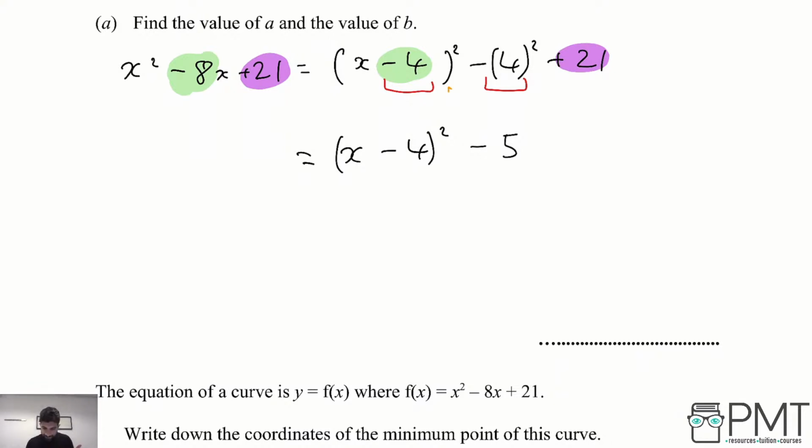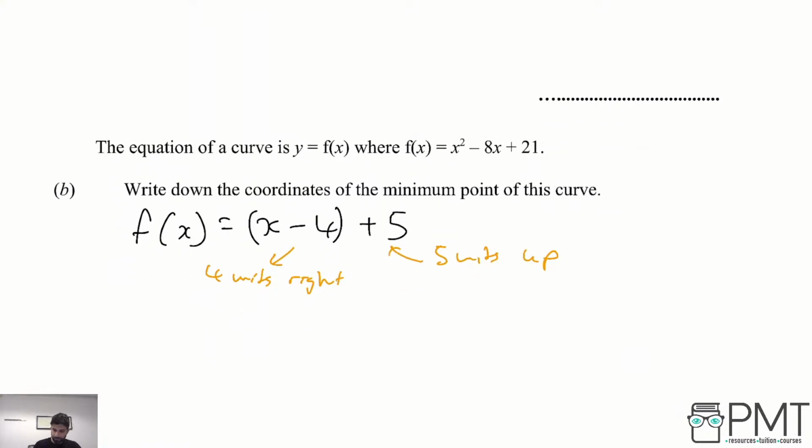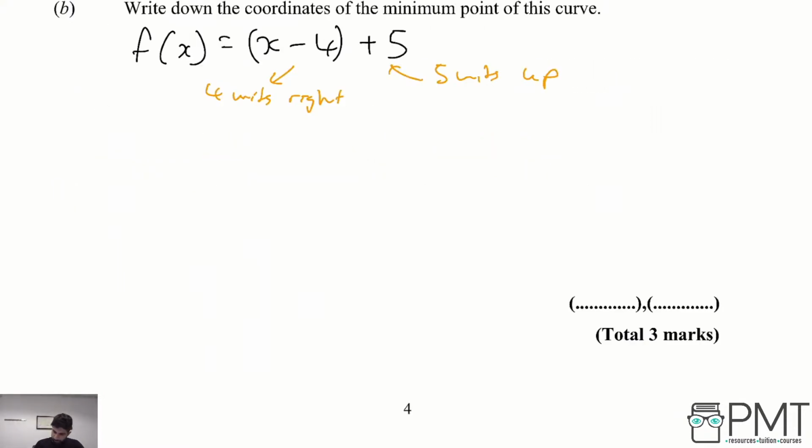Yep, because we have got plus 21 minus 16, this is plus 5. So that's plus, and following on from that, this is going to be 5 units up. So overall, the point is (4, 5). Thank you. Okay, so that's our next question.